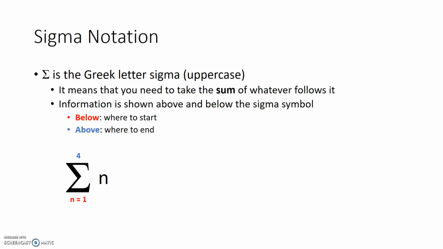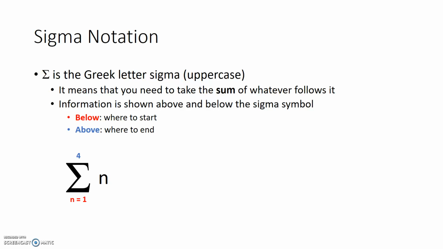And each time you make one of these substitutions, increasing your integer value by 1, so 1 to 2 to 3 to 4, you find that result and you save it, you do it again, and then add those up. So this is where the summing comes into play. Each time you substitute in for n, you figure out the number that results, and you add that to your sum.